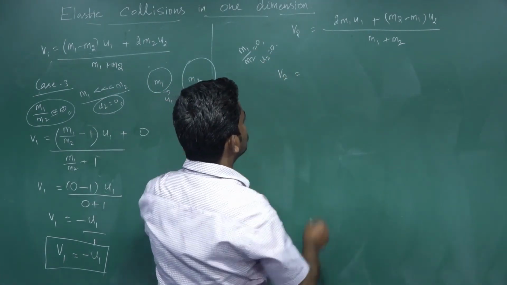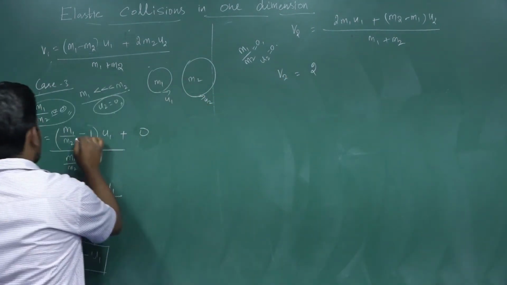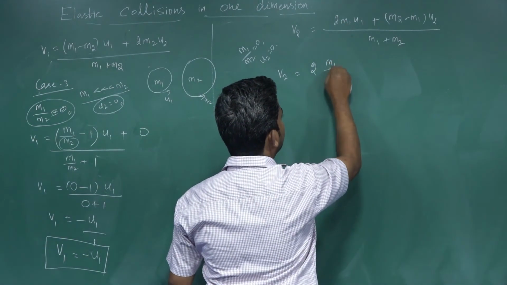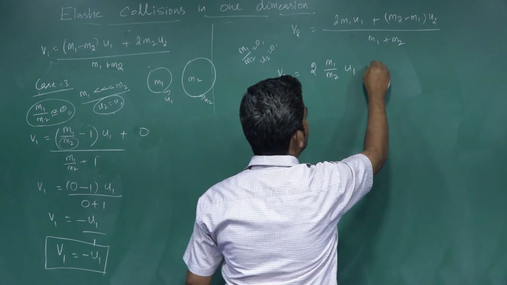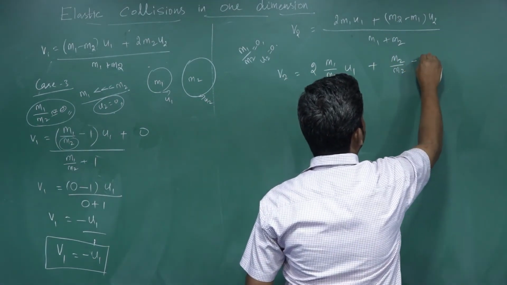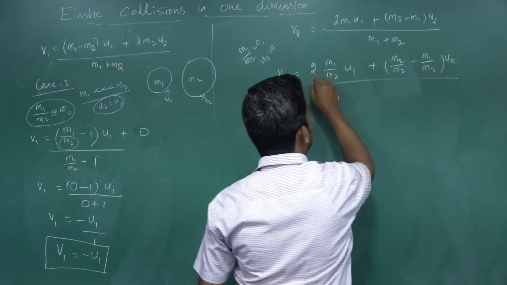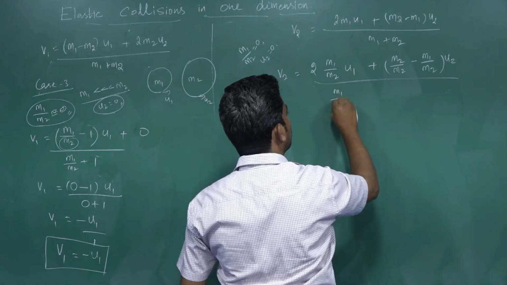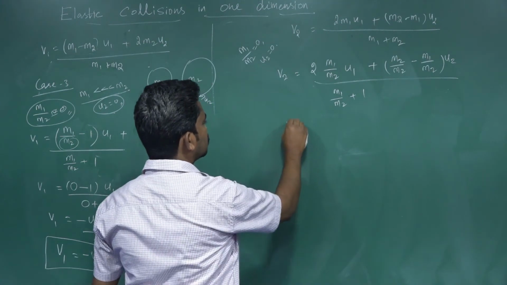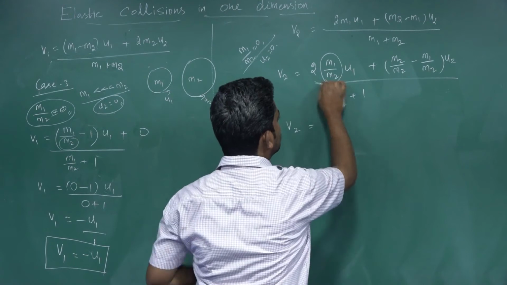Substituting this, we divide both sides of the equation by M2. So V2 is equal to 2M1 divided by M2 of U1 plus M2 divided by M2 minus M1 divided by M2 of U2, whole divided by M1 divided by M2 plus M2 divided by M2, which is equal to 1. Since M1 divided by M2 is almost equal to 0, the first term is also 0.